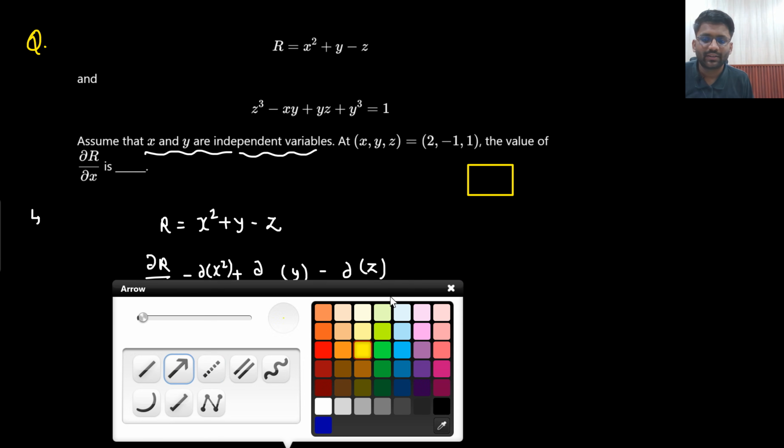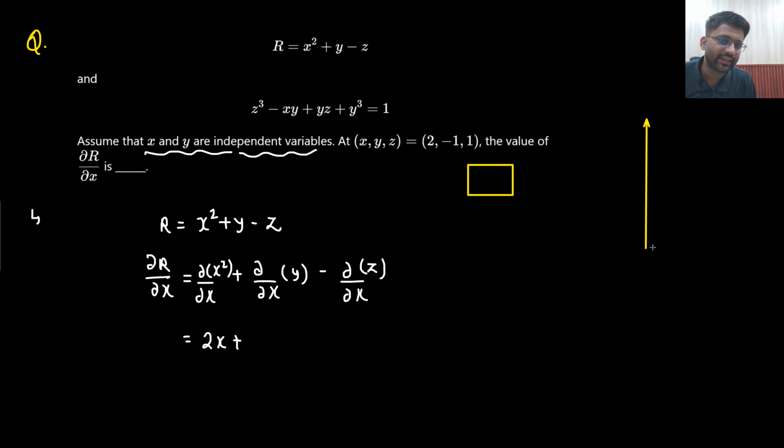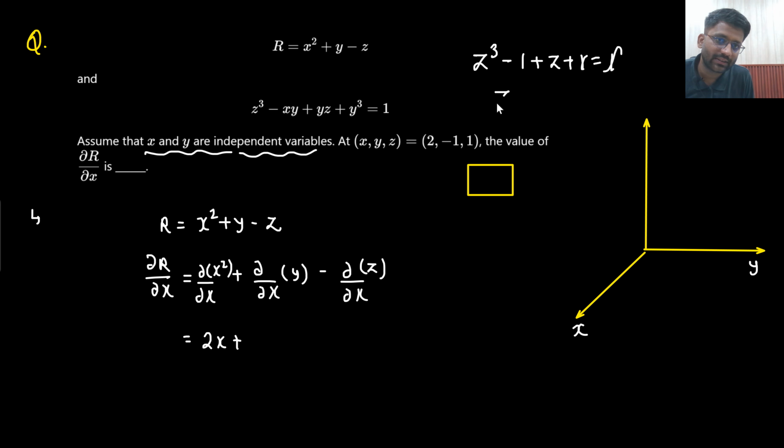What does that mean? That if I make the graph between z, x and y, then x and y will take two independent values. If I say x is 1 and y is 1, then z will take a particular value, no? If x is 1 and y is 1, then what will be the value of z? Z cube plus z plus 1 equals 1, so this and this get cancelled out.